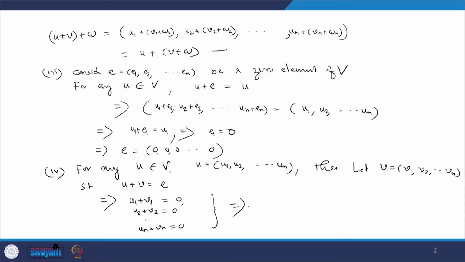This implies that v1 equal to minus u1. So, minus u1, minus u2 and minus un. This is the inverse of this element u.